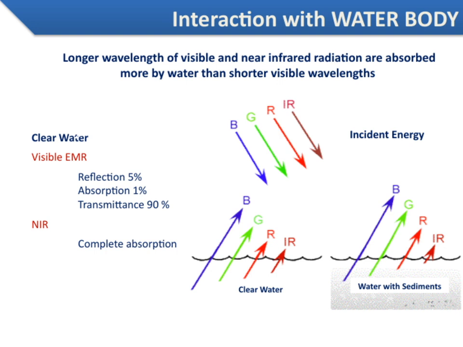Essentially, the longer the wavelength, the more water is capable of absorbing it. Connecting this to our overall theme, understanding how water interacts with different types of electromagnetic radiation helps us better interpret remote sensing data, assess water quality, and understand underwater environments more accurately.